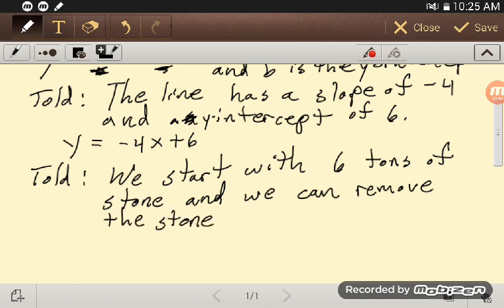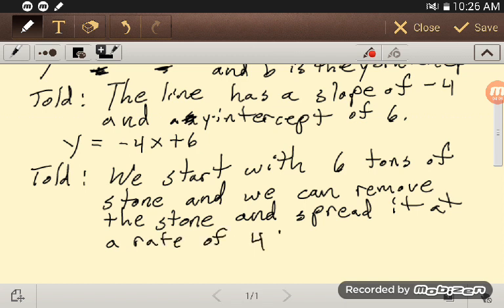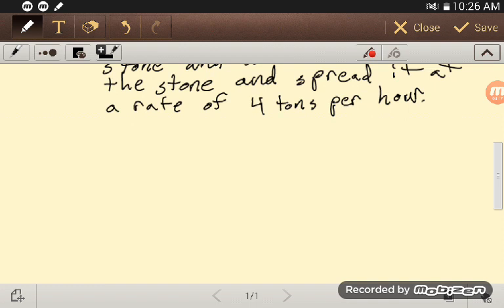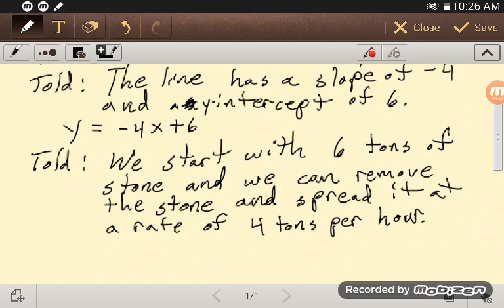Okay, so I can remove this stone and spread it, I guess, at a rate of 4 tons per hour. Okay, so I'll hit my thumb on the little mover thing there, and so you might be told this way.